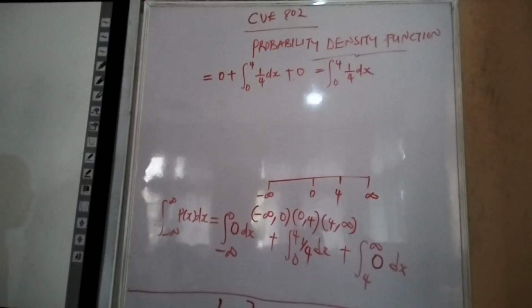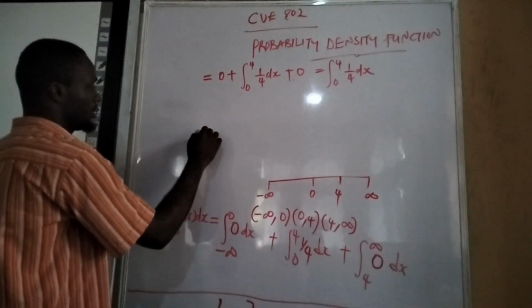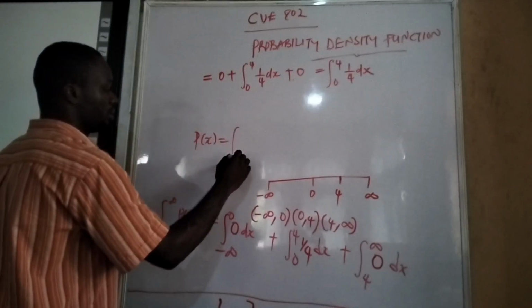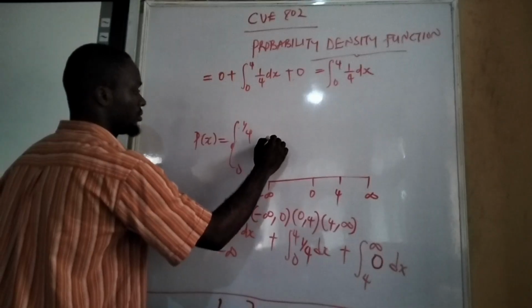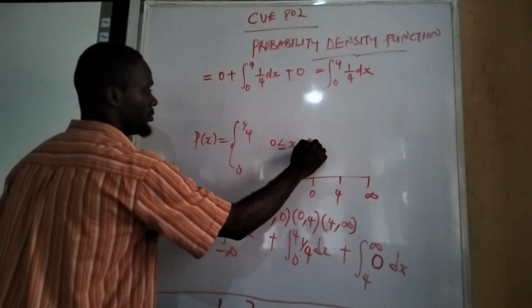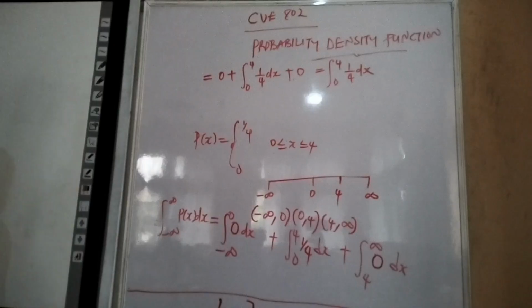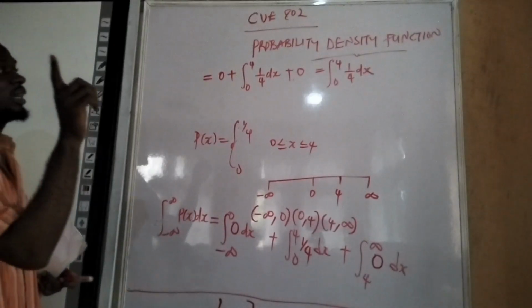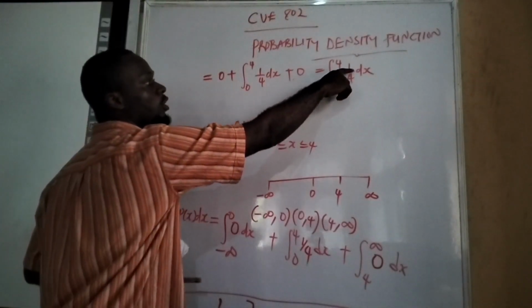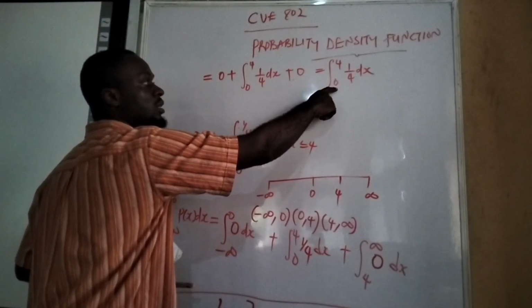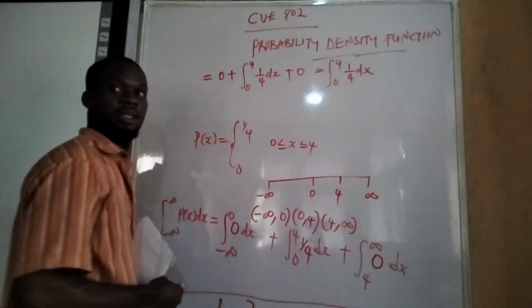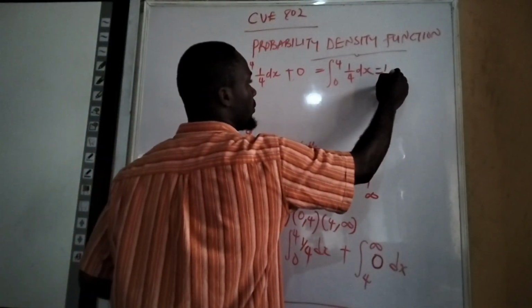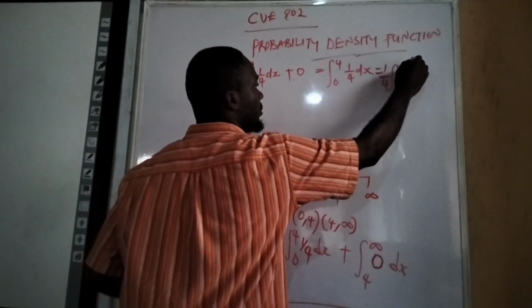Any question? Alright. So we're going to integrate 1 over 4 dx from 0 to 4. If you remember from last semester, 1 over 4 is a constant, so you bring it outside.